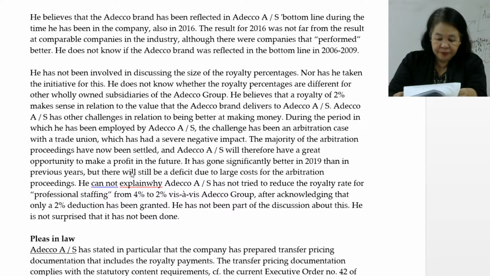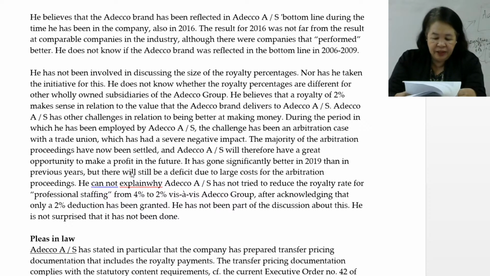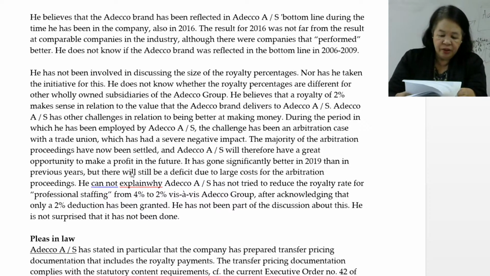in the future. No? So it has gone significantly better in 2019 than in previous years, but there will still be a deficit due to large cost for the arbitration proceedings. No? He cannot explain why Adecco AS has not tried to reduce the royalty rate for professional staffing from 4% to 2% vis-a-vis Adecco Group.